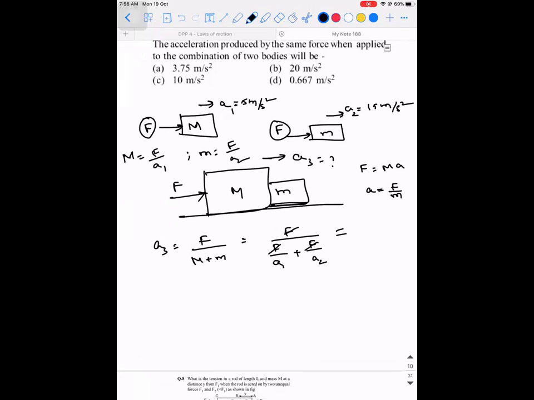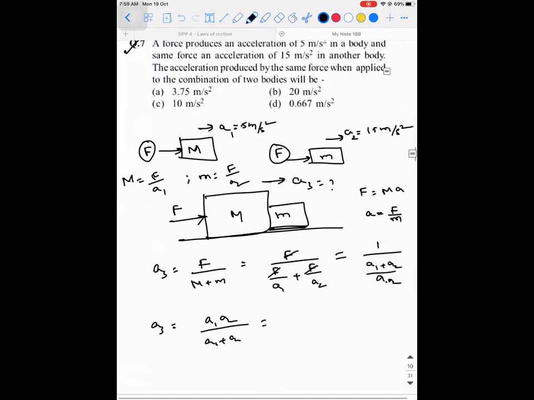F will get cancelled. So 1 divided by (A1 plus A2) by A1 A2. So that is A3. A3 will be equal to A1 A2 divided by A1 plus A2. What is A1 A2, guys? 5 into 15 divided by 20, it will be 15 by 4. How much is it? 3.75 is the answer.